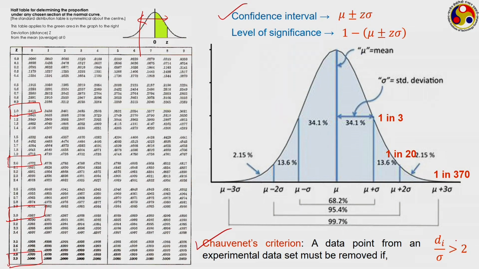So, any data point which is showing this particular thing, that is di upon sigma greater than 2, or I should say the absolute value of di, that is mod di upon sigma greater than 2, then we know that 95% of the data should have d upon sigma less than 2, but only 5% data can show this kind of criterion and we should discard them, thereby causing a change in both your value of x mean and your corresponding sample standard deviation, and thereby providing a much better measurement.